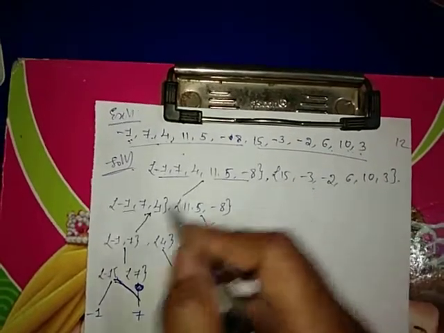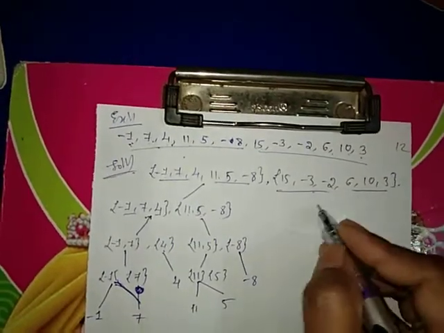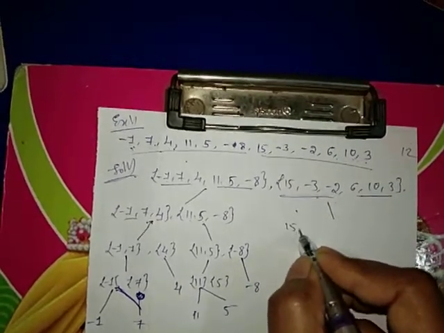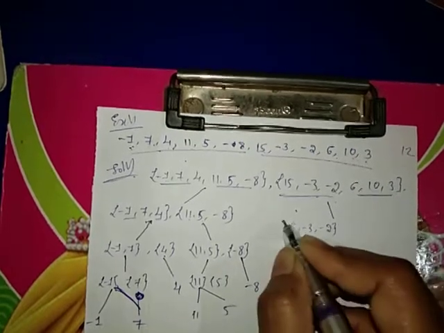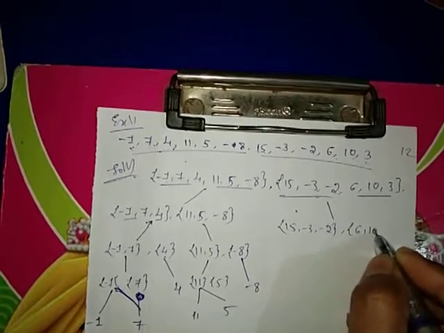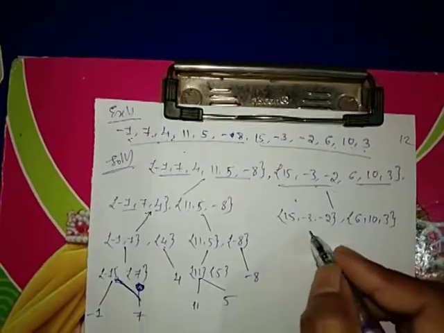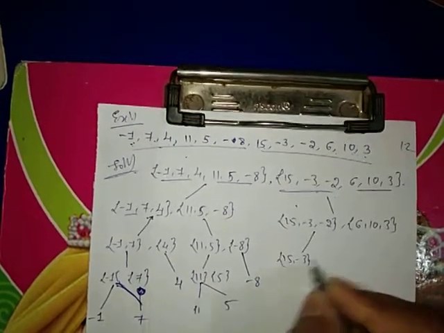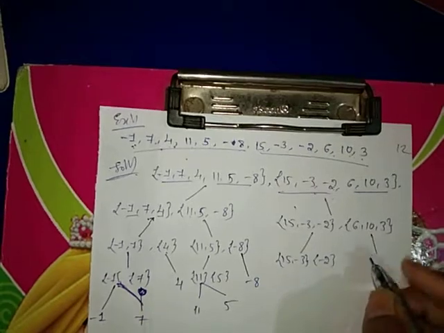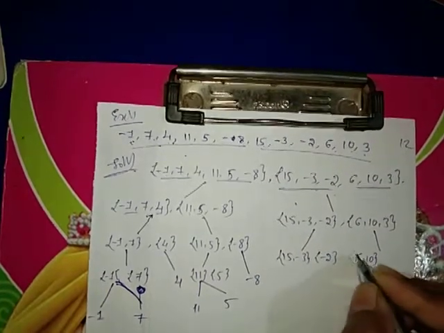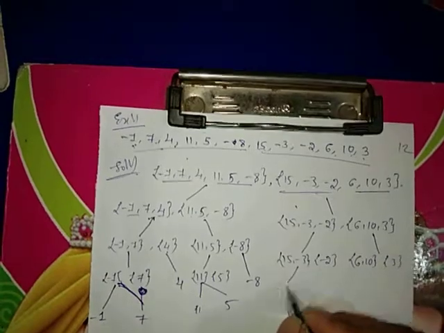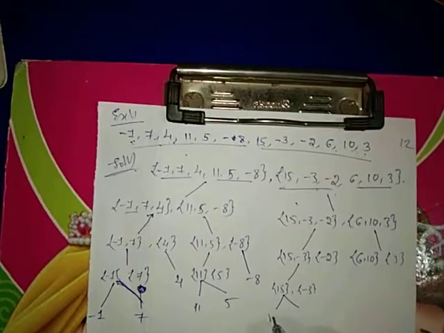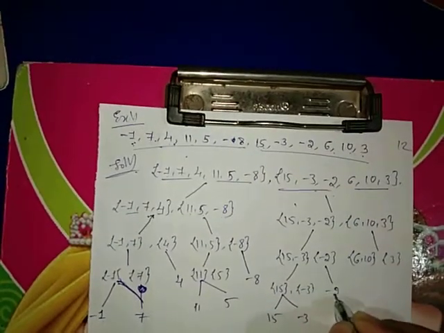Now come to here. Follow the same procedure: 3 plus 3. So 3 plus 3 means 15, -3, -2 and one more part, 6, 10, 3. 15, -3, -2 is split as 15, -3 and -2. 6, 10, 3 is split as 6, 10 and 3. 15, -3 can be written as 15 and -3. -2 is written as it is.